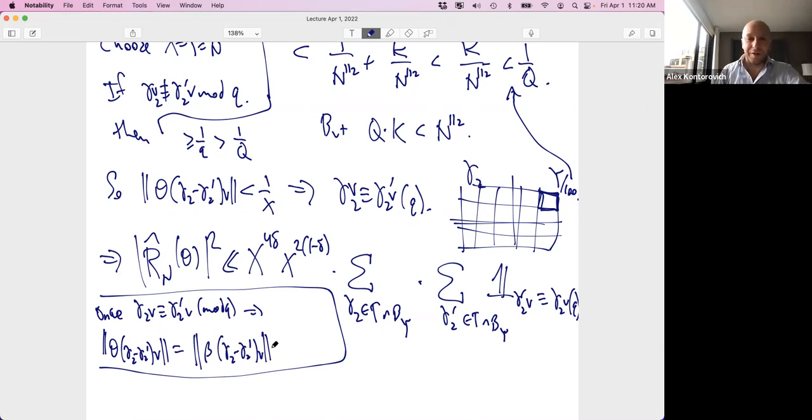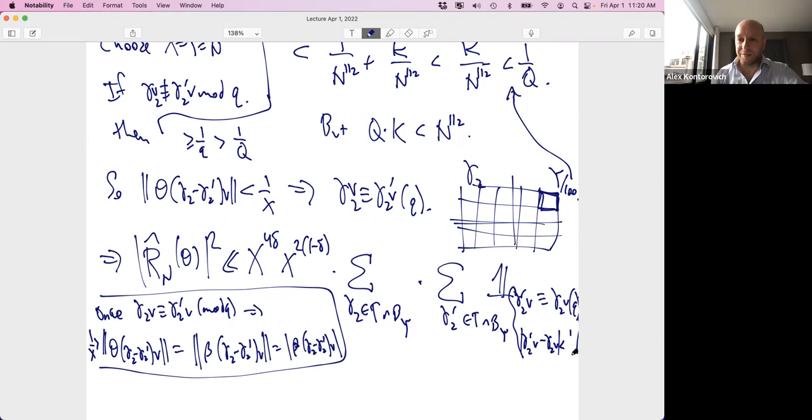And this thing is small enough that this is just equal to beta itself times gamma 2 minus gamma 2 prime v. And so for this thing to be less than 1 over x, that means that beta times this thing. So there's two conditions on gamma 2 prime. The second condition is that gamma 2 prime v minus gamma 2v is at most 1 over x times beta.